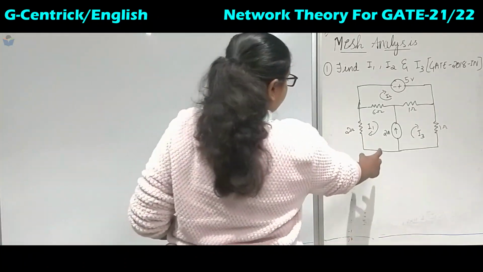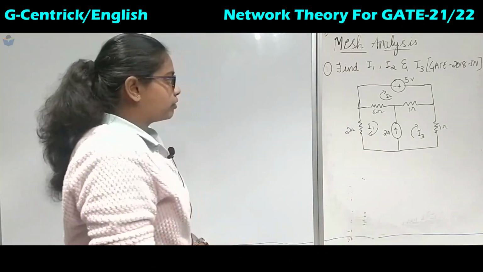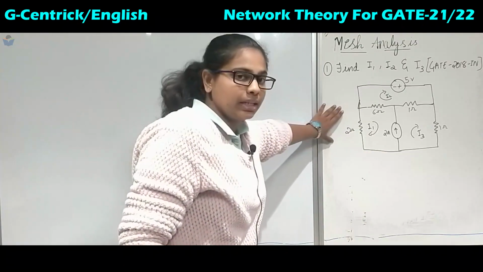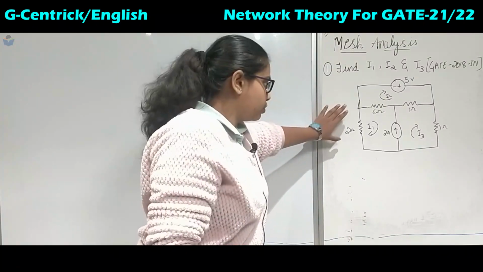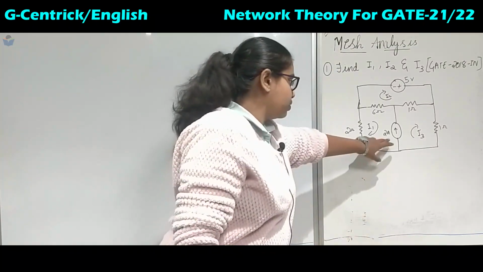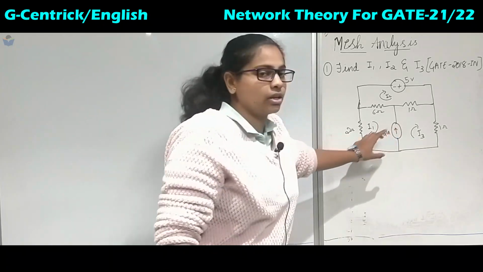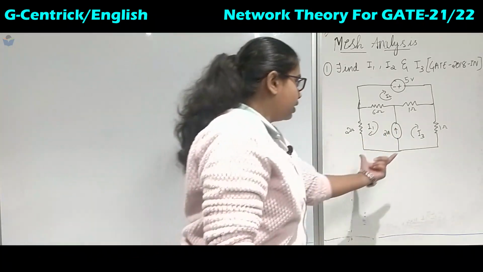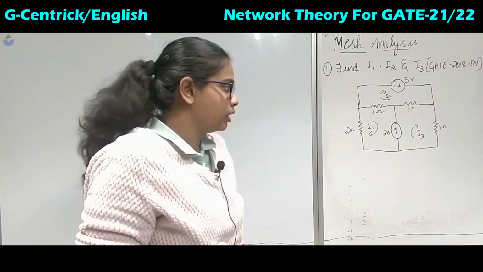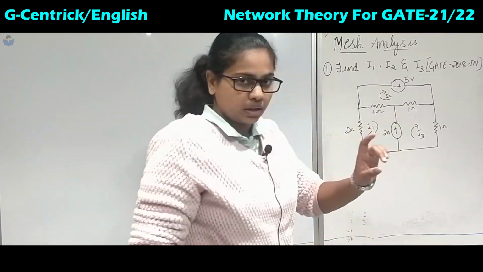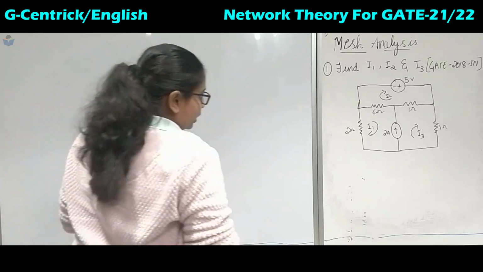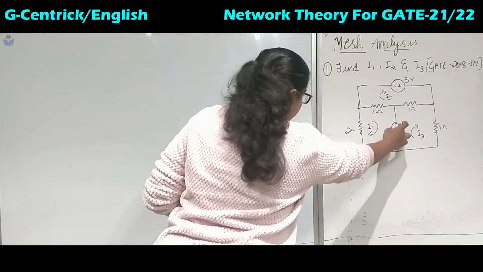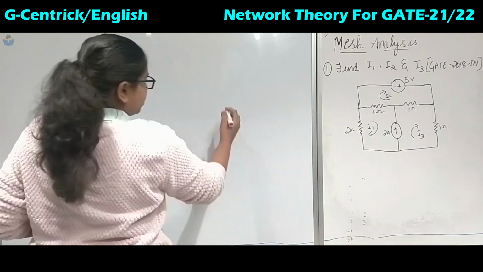Now if you observe this circuit, you have got case number 3 that we have seen in the previous lecture. So case 1, case 2 and case 3. This case 3 indicates that it has an ideal current source in between the two meshes. Whenever you get an ideal source in between the two meshes, you can write the equation by seeing in which direction it is.